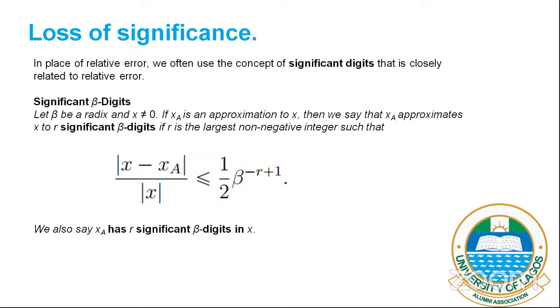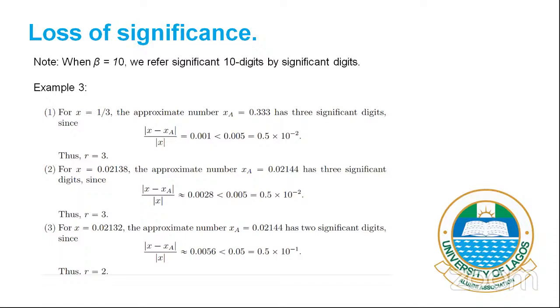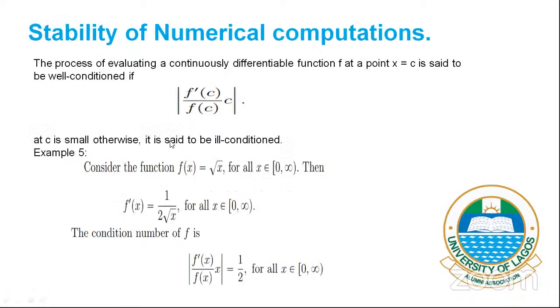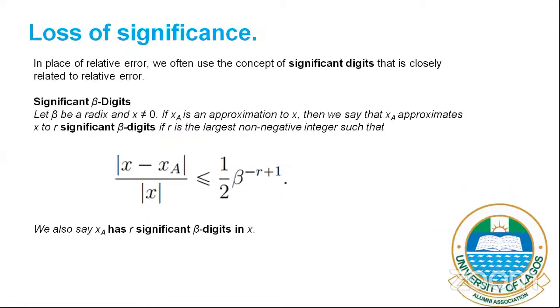If you look at the example, the R was given to be 3. Are we not calculating for the R? I think what we are calculating for is the significance of digits, the significance in digits. And is R not their significant digit?